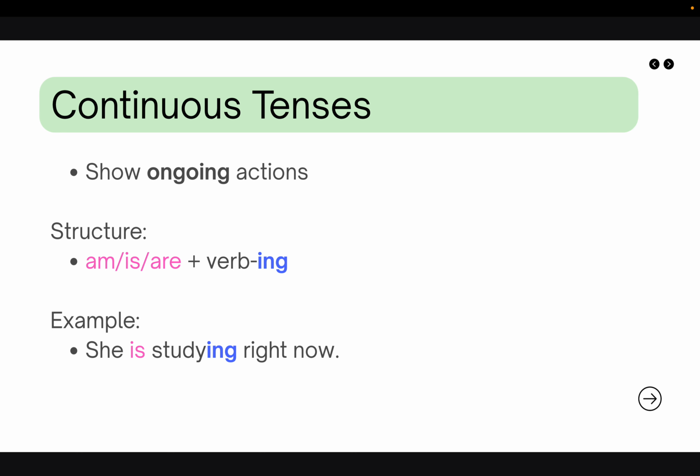So usually we use am, is, are plus the verb ing. For example, she is studying right now. Dia sedang belajar sekarang. Aktiviti tu tak habis lagi. Dia masih lagi tengah study sekarang. So she is studying right now. It shows ongoing. It still happen.